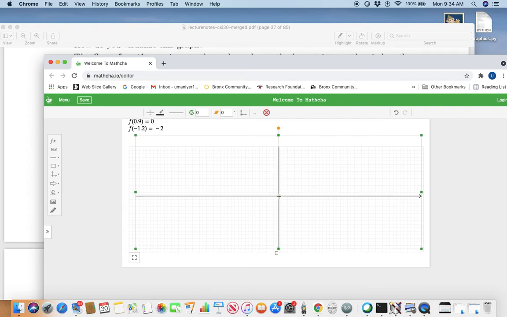So I have my numbers here. That's 1, say pretend that's 2, 3, 4, negative 1, negative 2, negative 3, negative 4, and so on. Okay, it goes on forever.